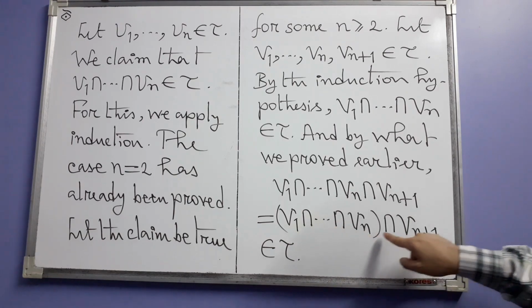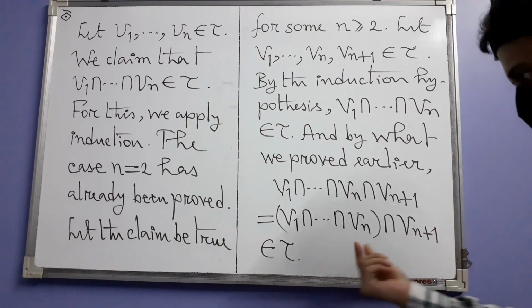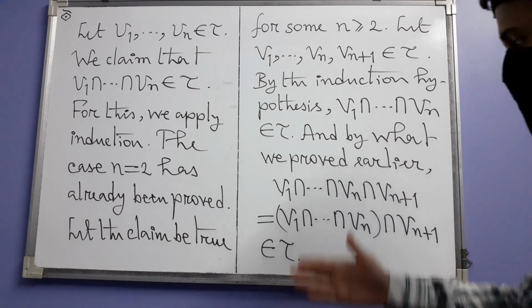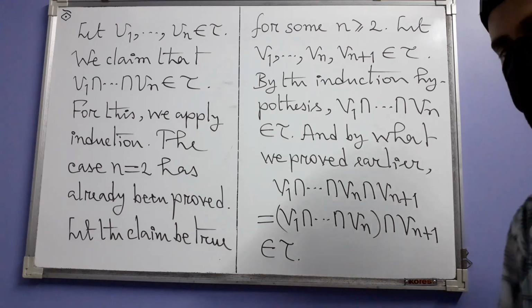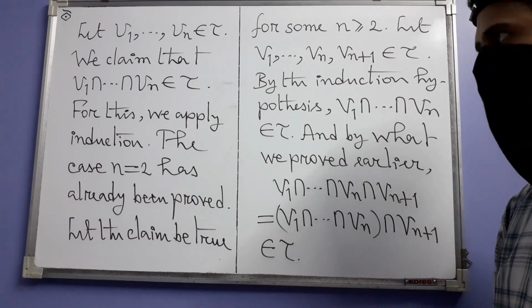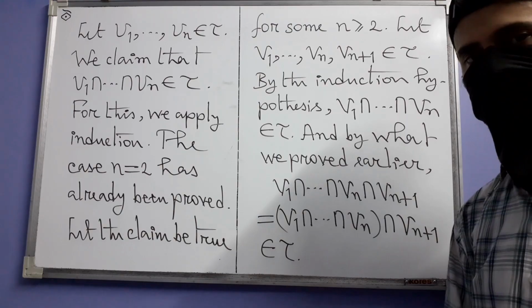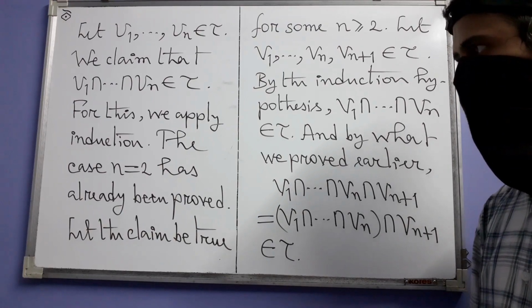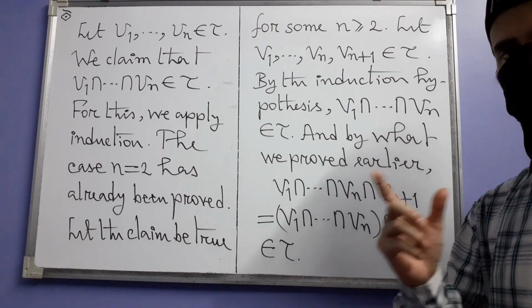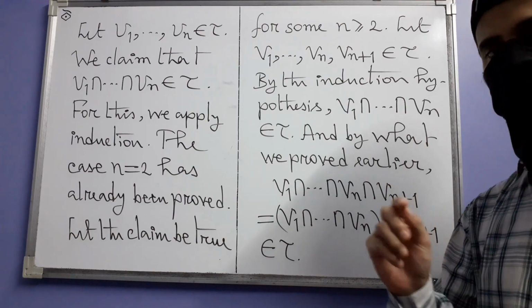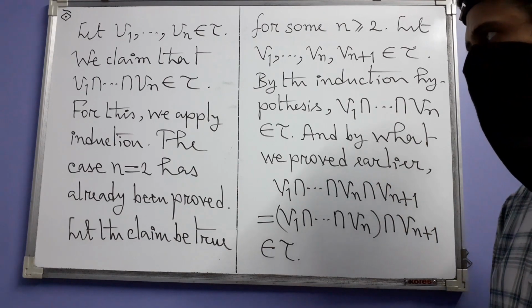This is in tau and this is also in tau, so their intersection will be in tau, but that is actually the intersection of all these elements in tau. So we have the induction completed here and we have our claim proved. So now we can say that the way we define that tau, it really is a topology on X.